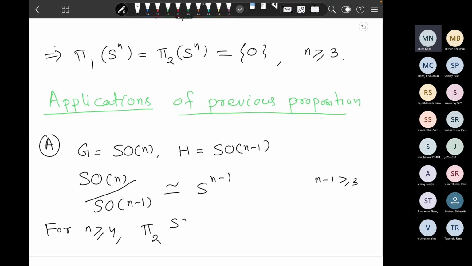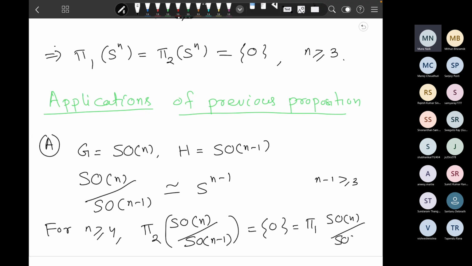I have told you that pi 2 of Sn and pi 1 of Sn are equal to 0 for n greater than or equal to 3. So pi 2 of SOn mod SOn minus 1 is equal to 0, which is equal to pi 1 of SOn mod SOn minus 1.